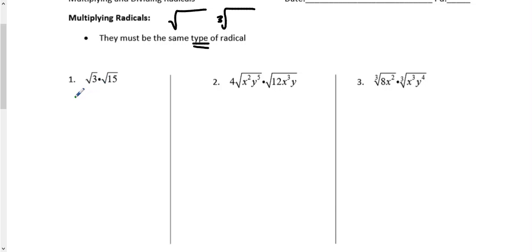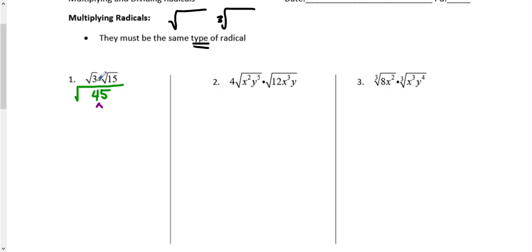What we're going to do is take the square root and write them underneath 1. So square root of 3 times 15. Well, what is that number? 3 times 15 is 45. We can do that since they are both underneath and they are both square roots. So now I'm going to take that 45 and break that down.